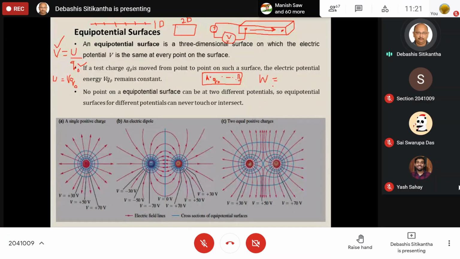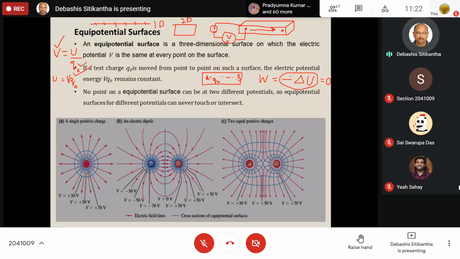Now why is it so? Because we have already studied that W is nothing but the negative of the change in potential energy. Since in the previous point I told you that the potential energy is going to remain constant, there will be no change in the energy, or in other words, your change in potential energy on an equipotential surface is definitely going to be 0.